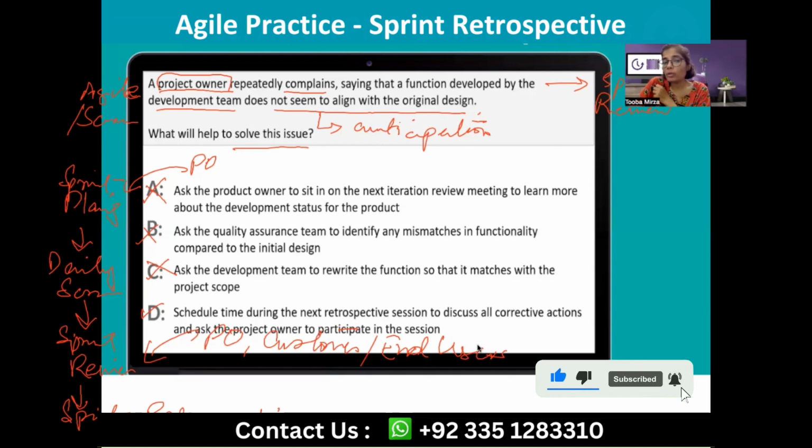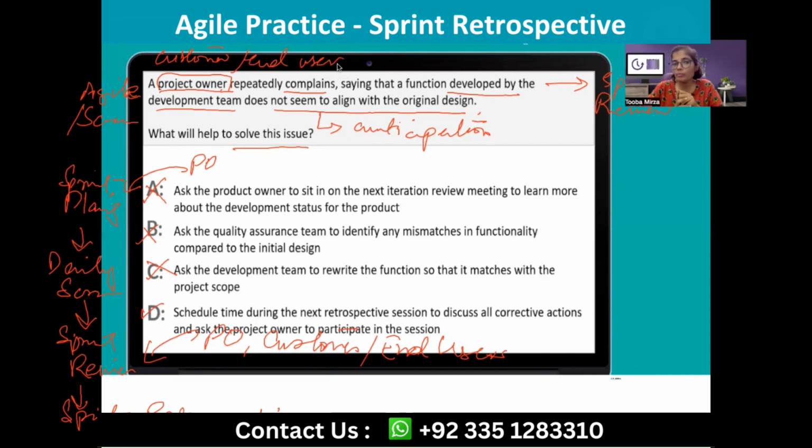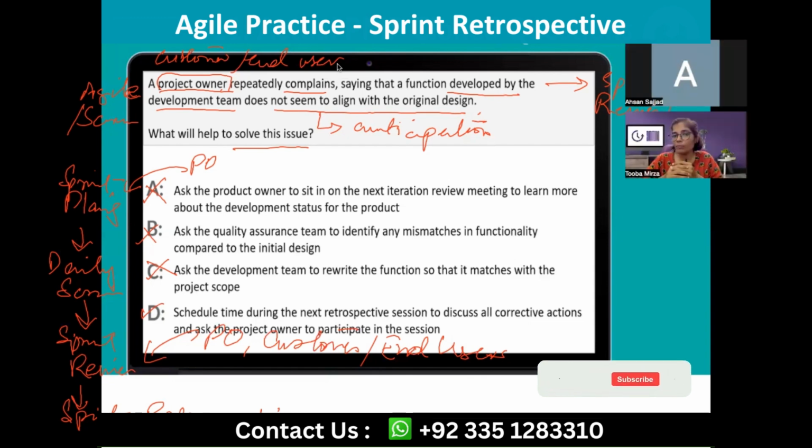I know it because I clearly know that it's a developed function, and the developed function is showcased in the review meeting. And the product owner is complaining. It could have been the customer as well, or the end user as well. In that case as well, the answer would be the same, because I know that this kind of situation would happen in the review meeting only in Agile.